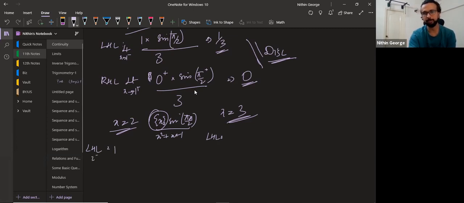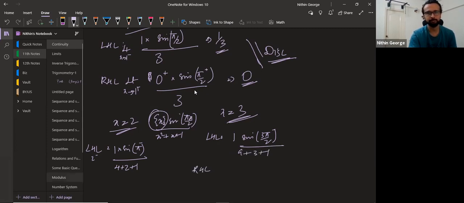So both the fractional parts will tend to 1, a little lesser than the integer itself, times sine 3 pi by 2, a little lesser than that, divided by 4 plus 2 plus 1, and divided by 9 plus 3 plus 1.